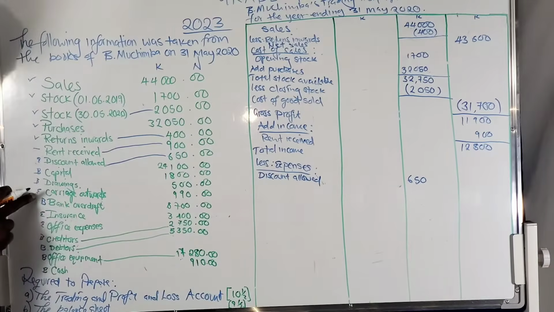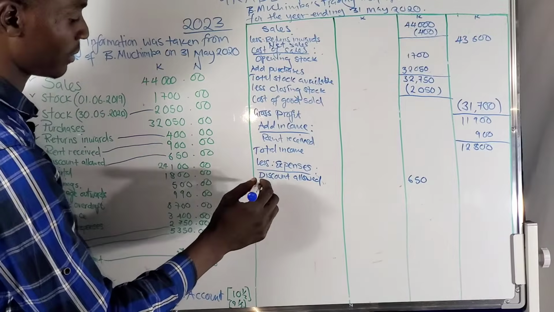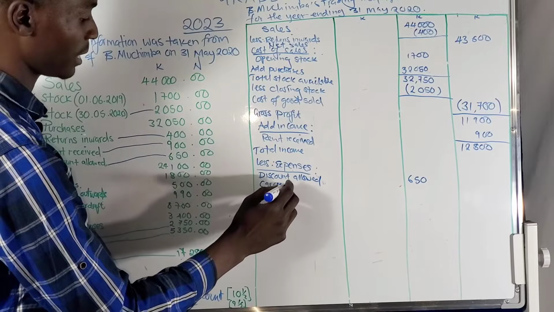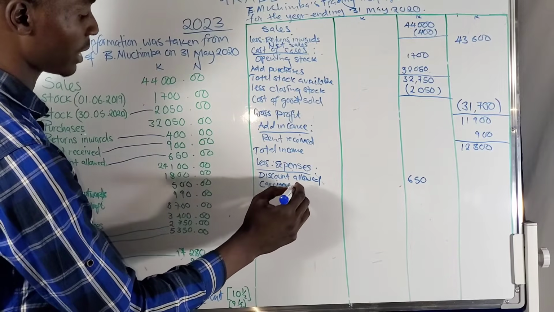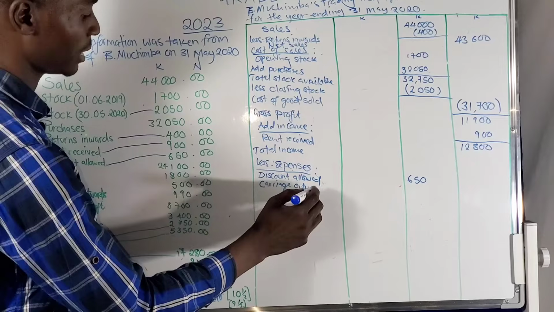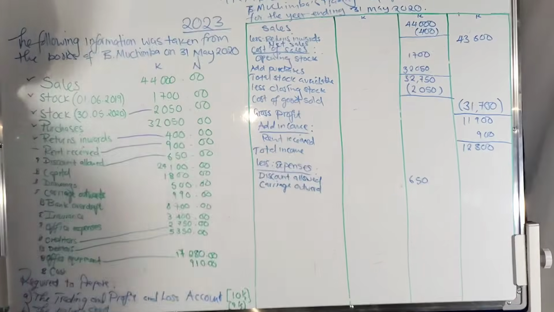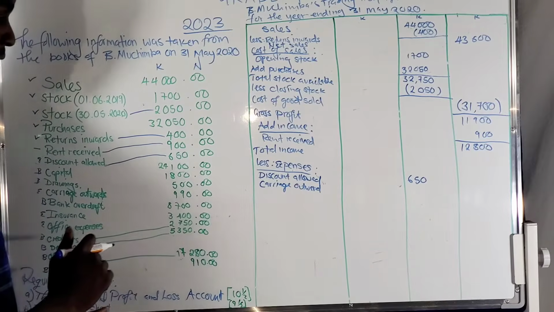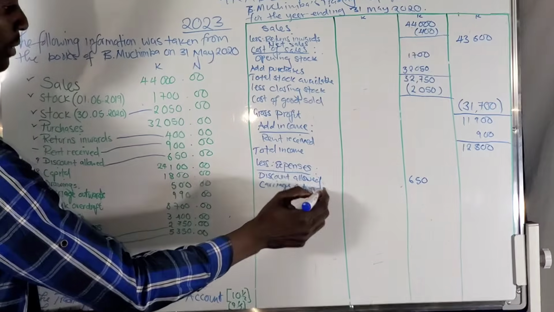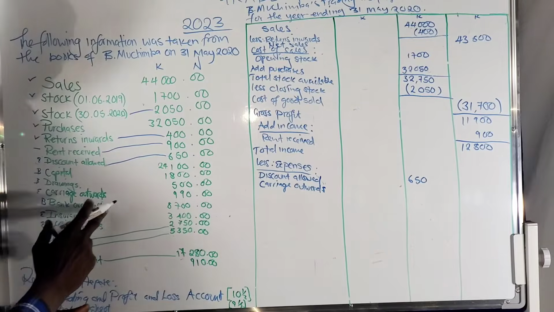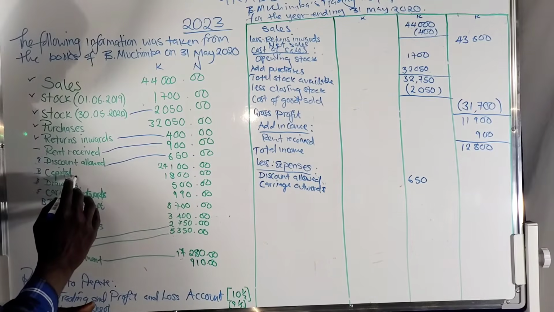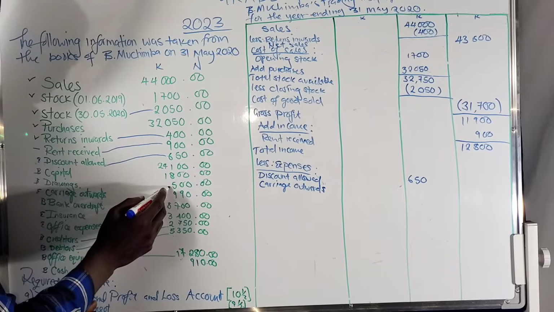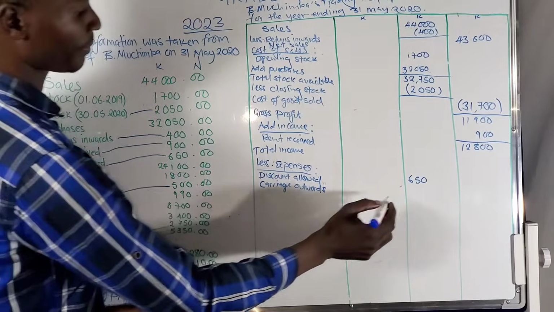Then the next expense is carriage outward. Remember, carriage inward is added to purchases in the trading account. Carriage outward is included under expenses in the profit and loss account. So carriage outwards is 500.